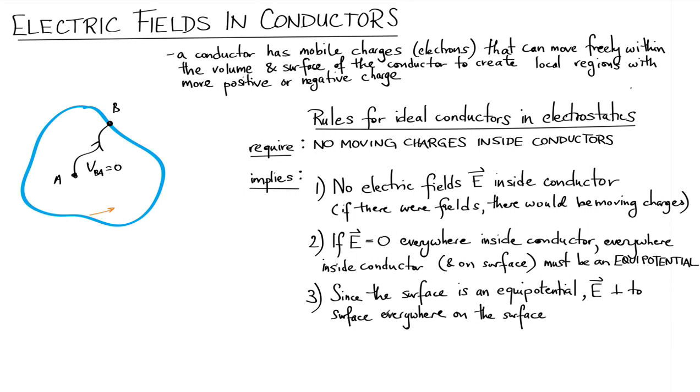Let's imagine a case where the electric field wasn't perpendicular everywhere on the surface. I've drawn this electric field pointing diagonally from the surface. You can decompose that vector into a component perpendicular to the surface and a vector parallel to the surface.